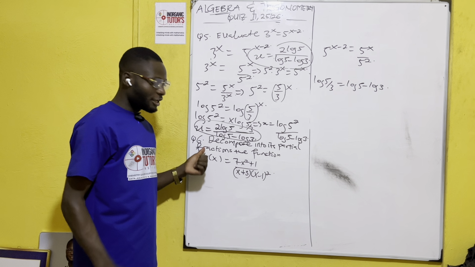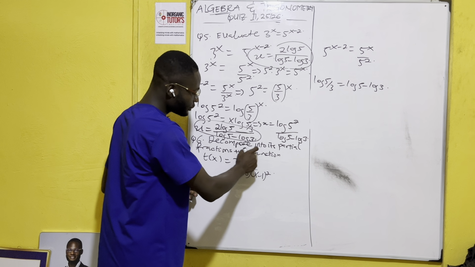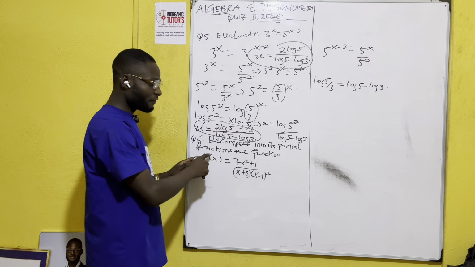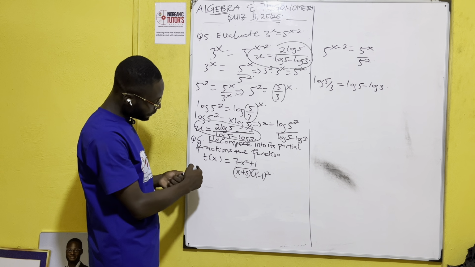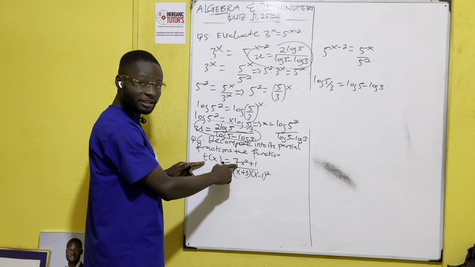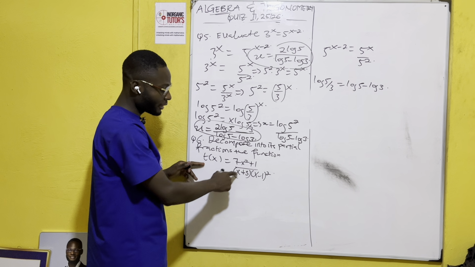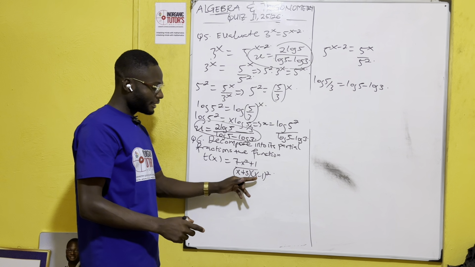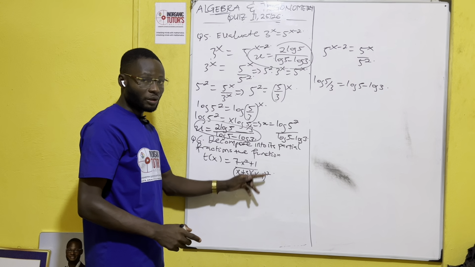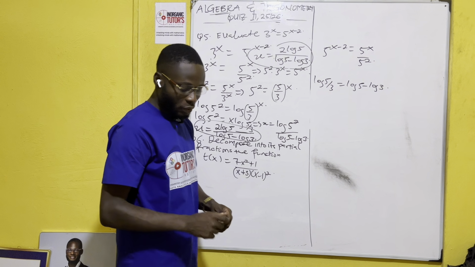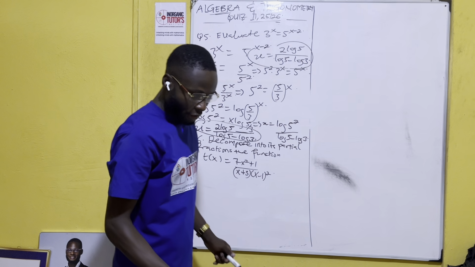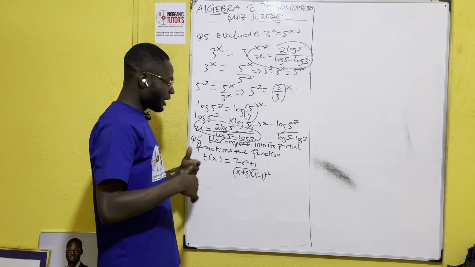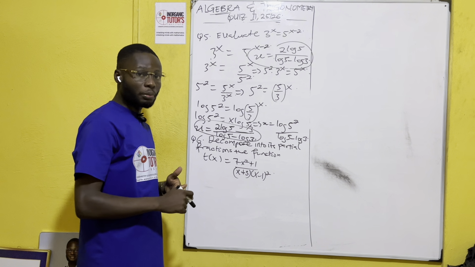Question 6. We want to decompose into partial fractions the function f of x equal to 7x squared plus 1 divided by (x plus 3) multiplied by (x minus 1) all squared. So how do we do this? We have to quickly think of how to do decomposition.